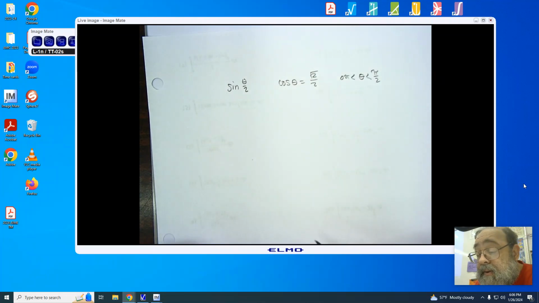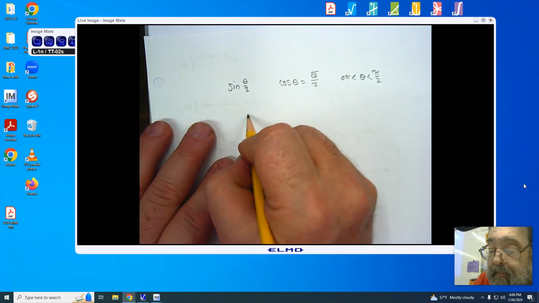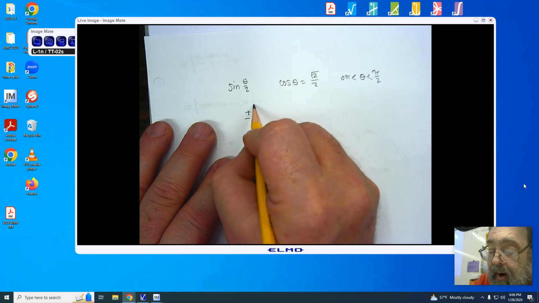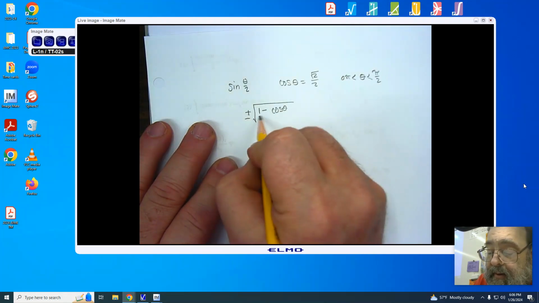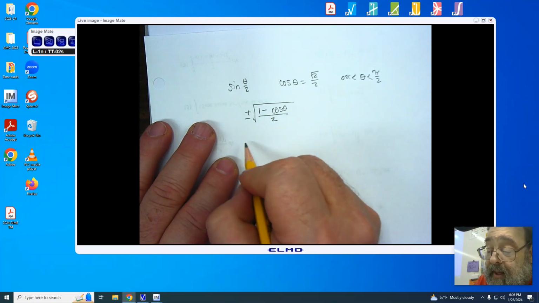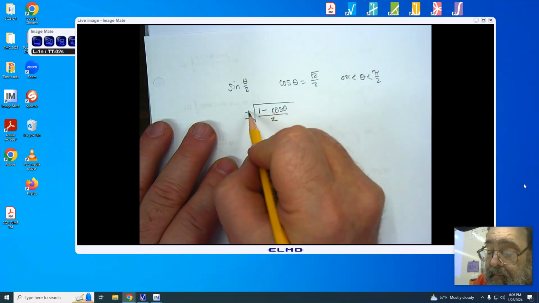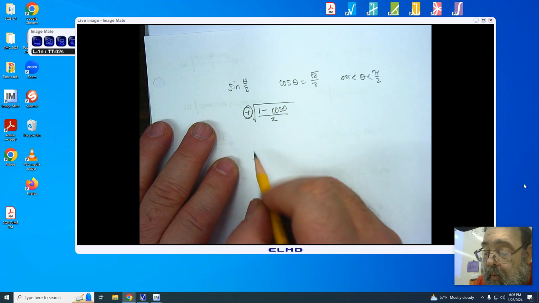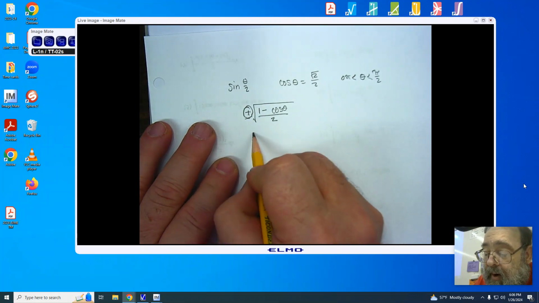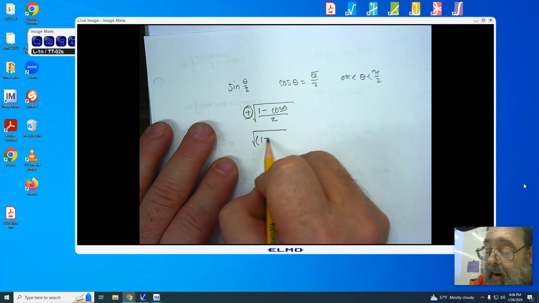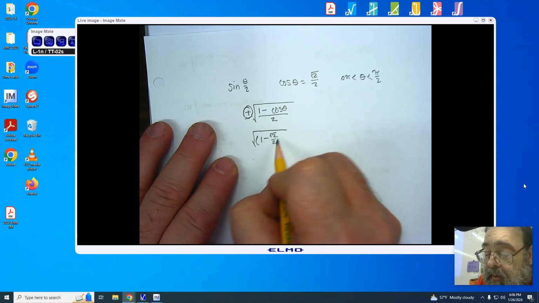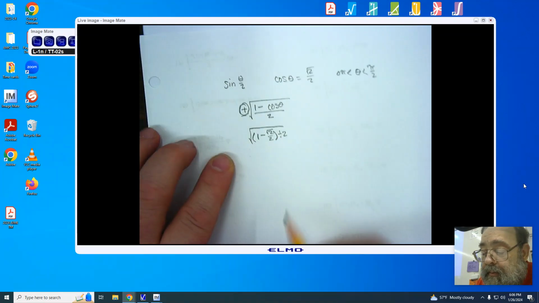Now when I do this, I'm looking at the same formula, plus or minus the square root of 1 minus cosine of theta divided by 2. Since half of our angle can only be in quadrant 1, we know we're dealing with the positive, and we are therefore looking at the square root of 1 minus root 2 over 2 divided by 2.